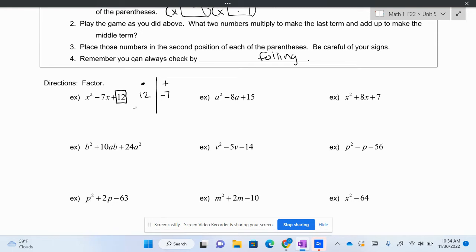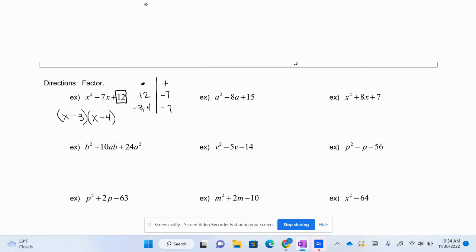Well, I think those two numbers are -3 and -4. -3 times -4 gives me a positive 12, and -3 plus -4 gives me -7, right? So I'm going to take x minus 3 as my first binomial times x minus 4 as my second binomial.